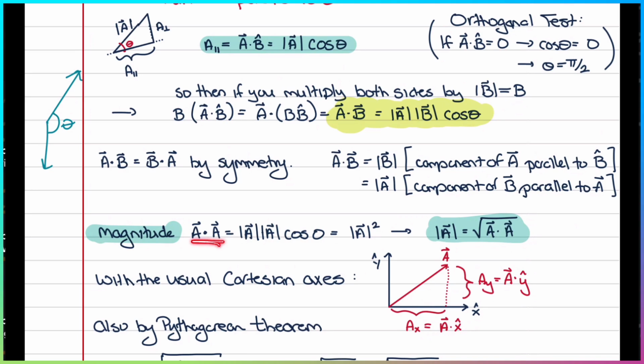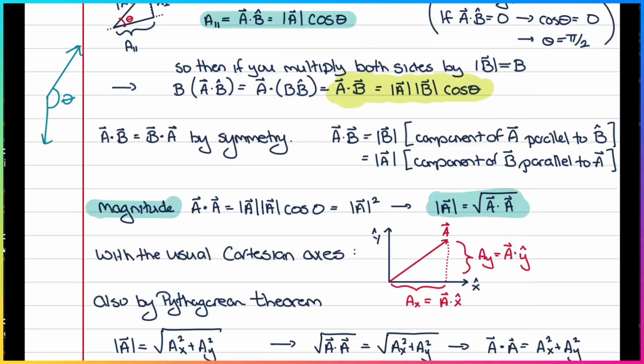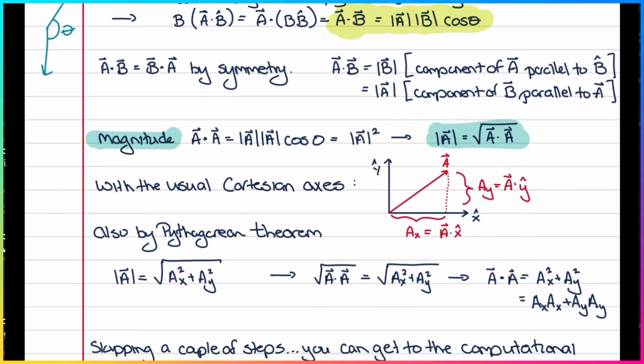So the dot product is equal to the square of the magnitude, or the magnitude is the square root of the dot product. You could use this as a definition of the magnitude, and computationally this would be the efficient way of computing the magnitude. Say, computational physics next semester. All right, so here's how you actually get the magnitude. Give me a vector, I'll take the dot product with itself, and that's my answer.